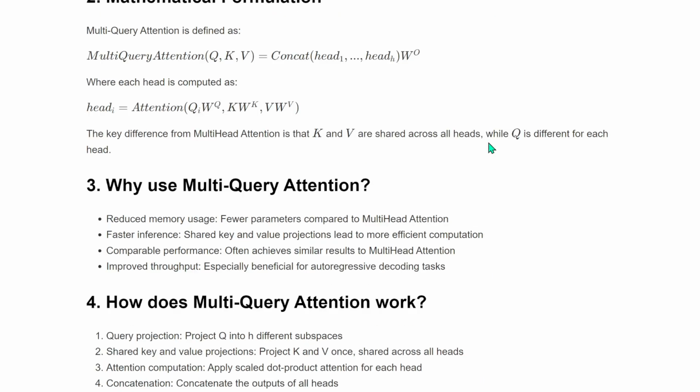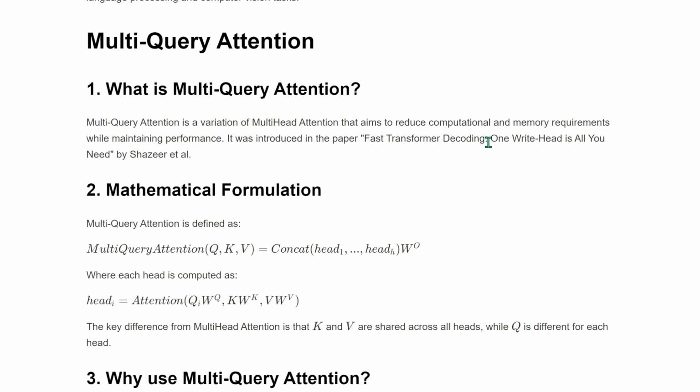Query says what I want, but key and value say what are the things available and what is the value of that. If I provide it at different heads, it doesn't make any sense, because the context always remains the same. What I want differs across time steps. So what they did was, okay, we'll separate query for each, but the key will be the same.